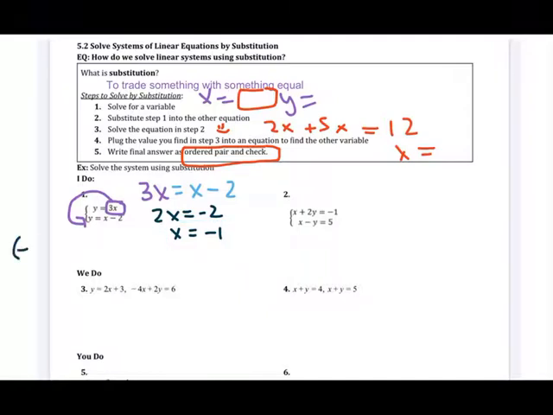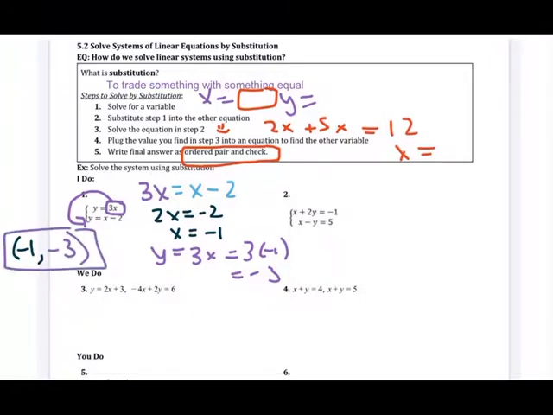I'm half done, so I would get half credit. I have found x, but I need to find y. So what I remember at the beginning of the problem is that y is equal to 3x, and we just figured out that x is equal to negative 1, so that means that y is going to be equal to negative 3. So we have the ordered pair that is the solution, negative 1, negative 3.